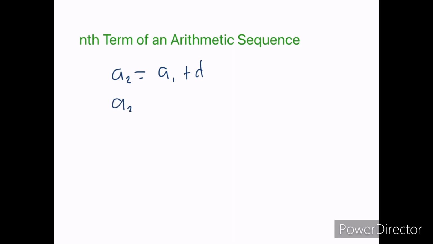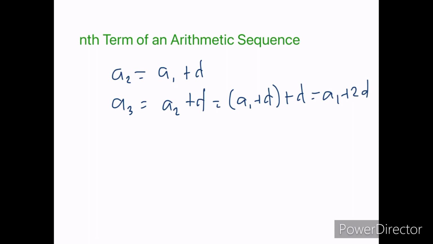Next, for our a sub 3 or the third term, we have a sub 2 plus d equals open parenthesis a sub 1 plus d close parenthesis plus d, which is equal to a sub 1 plus 2d, because when we simplify it, we just simply add these.